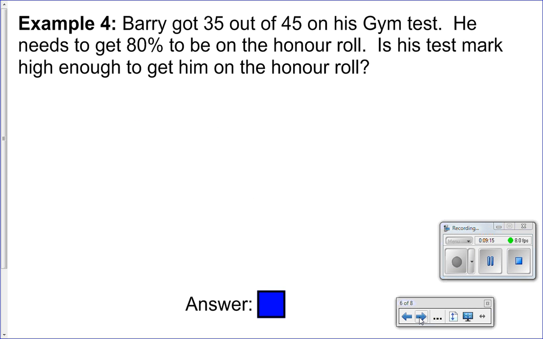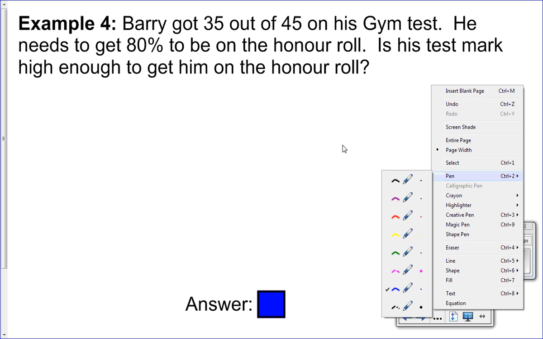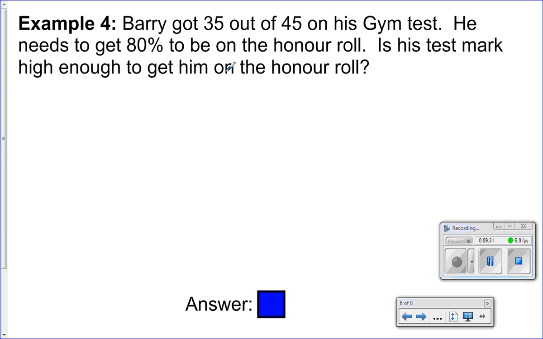Okay, example number 4. Barry got 35 out of 45 on his gym test. He needs to get 80% to be on the honor roll. Is his test mark high enough to get him on the honor roll? Well, he got 35 out of 45. So let's make a fraction.